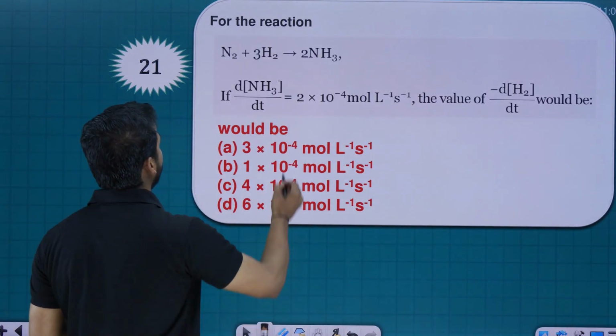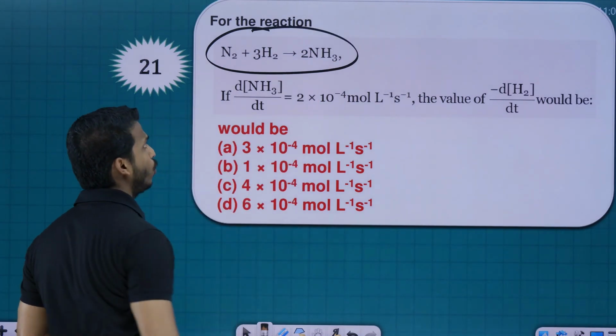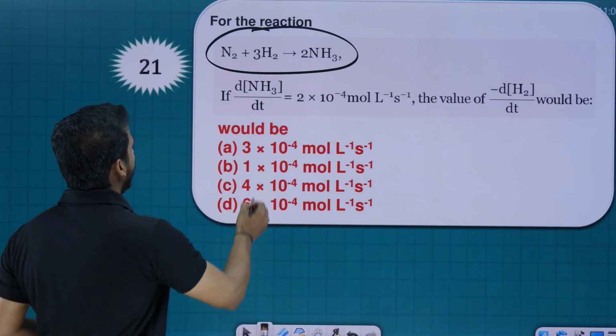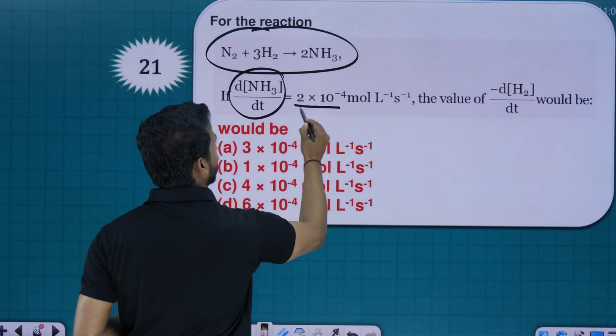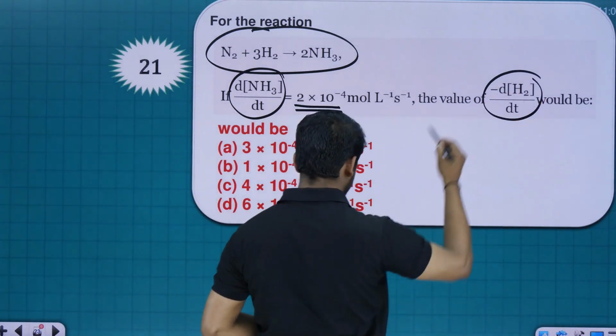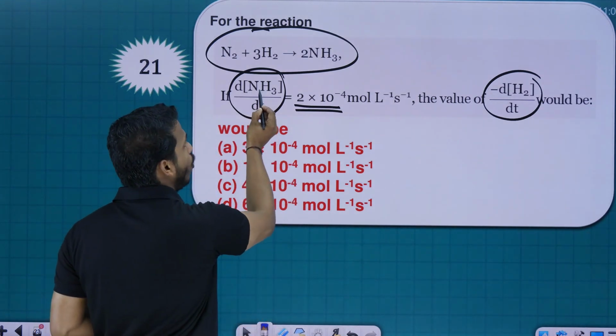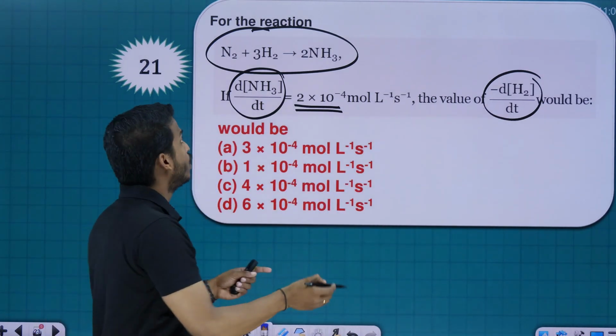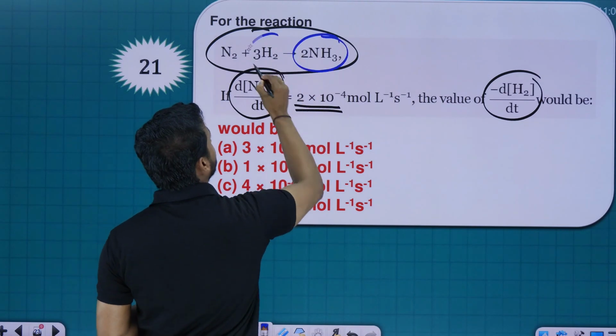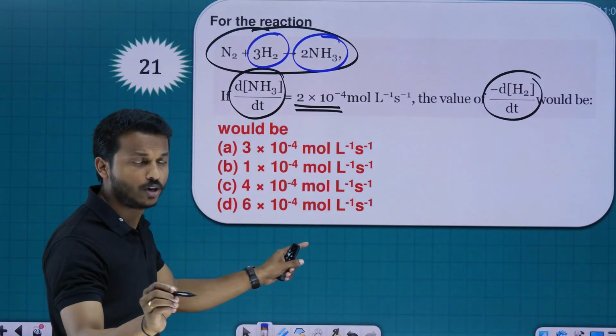21. For the reaction N2 plus 3H2 gives 2NH3, what is dNH3 by dt if it is like this? What is the value of minus dH2 by dt? See, first, they mention ammonia and hydrogen only, right? So take ammonia and hydrogen. Nitrogen we don't want.